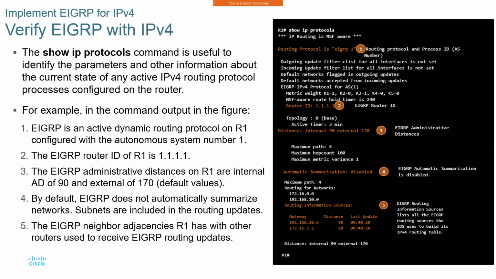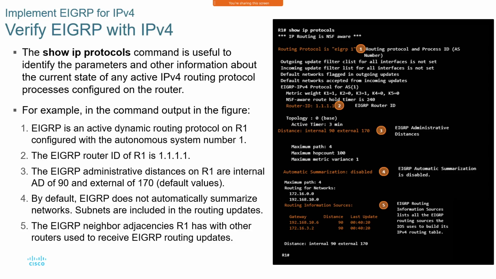Administrative distance is a number which goes from 0 to 255, and every routing protocol has a different administrative distance. EIGRP uses 90 for internal routes and 170 for external routes. OSPF uses 110 and RIP uses 120.